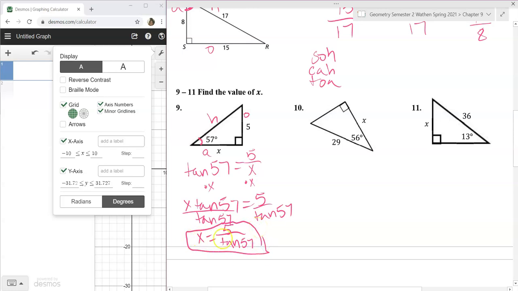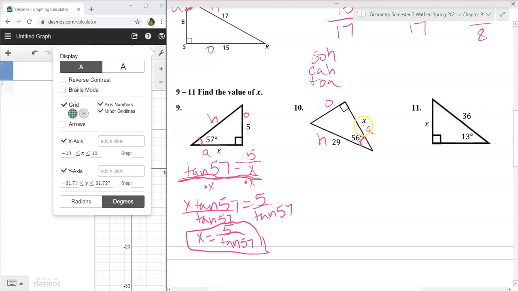So if we're asked for the answer, it would look like this. If we're asked to just set it up, which some of the questions on the test just ask you to do, you would do it like that. Number 10, similar, we're given this 56-degree angle. So we're going to go ahead and label the triangle based on that 56-degree angle.